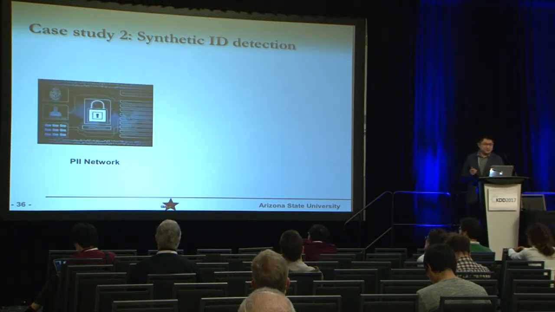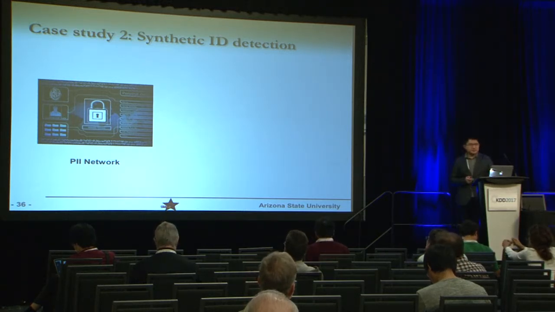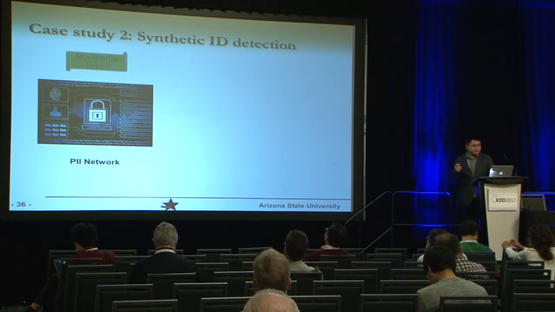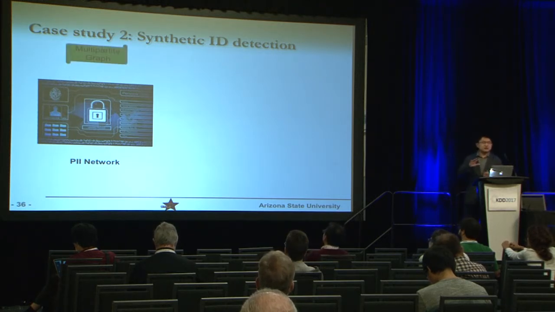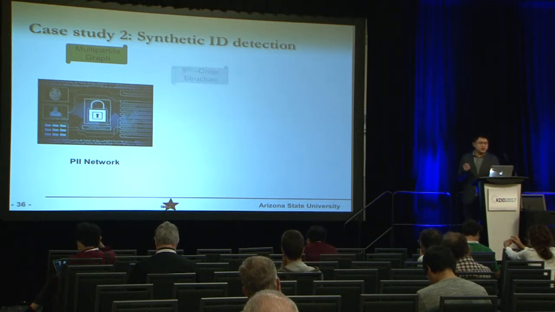Another interesting case study is about synthetic identity detection. This is a collaboration with Bank of America. They want to find synthetic IDs, generated by malicious users who steal information from real identities to make fake IDs and steal money from others.